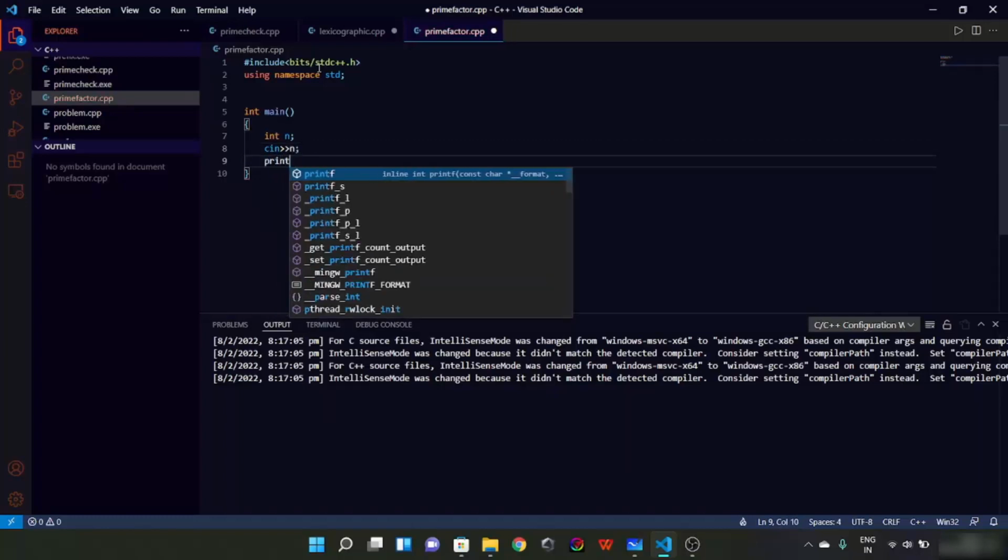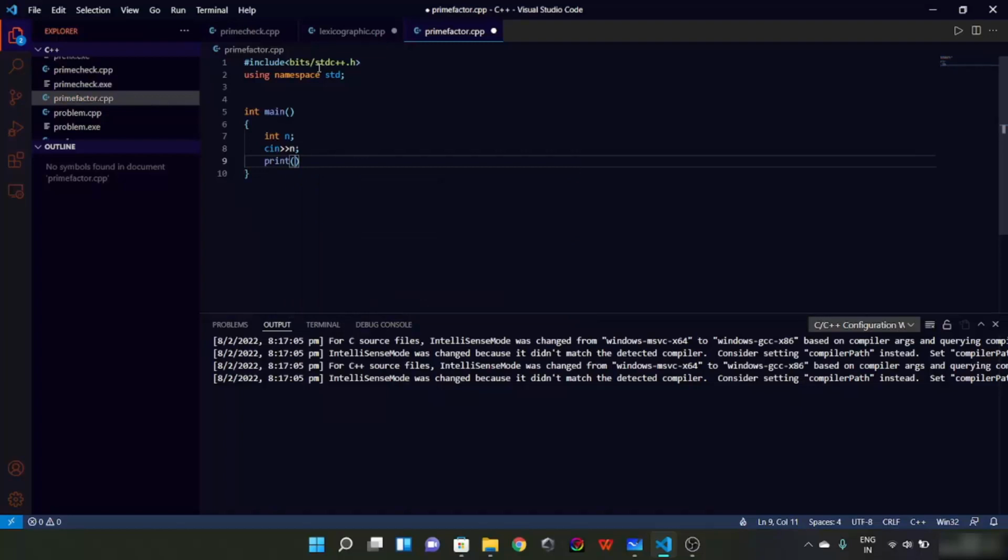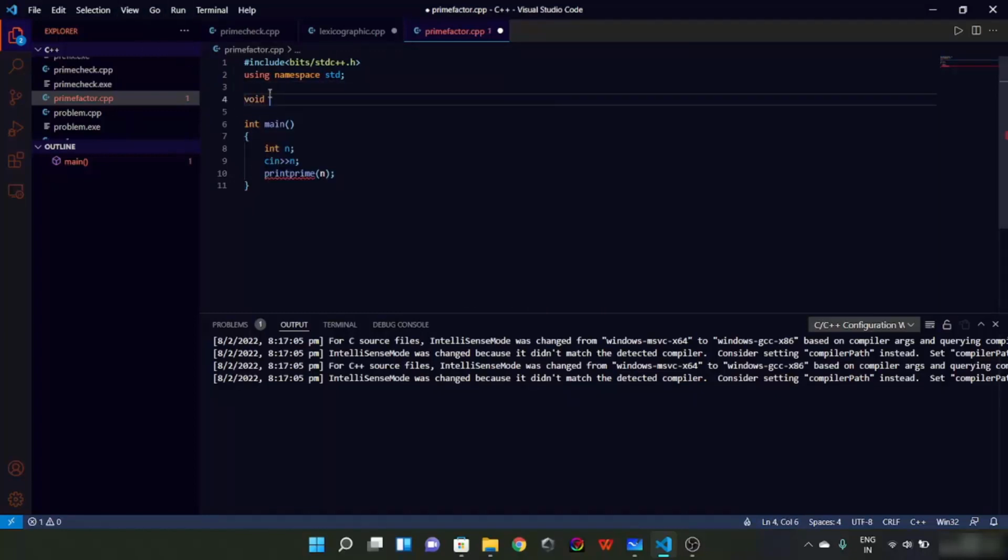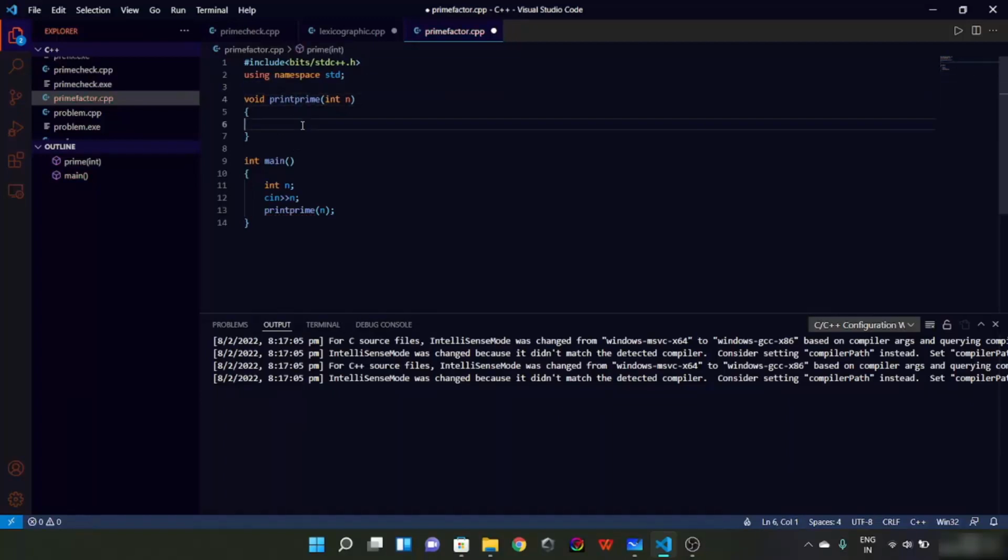And then we are going to call a function printPrime, which will print all the prime divisors. Now let's make the parameter the user-defined input.